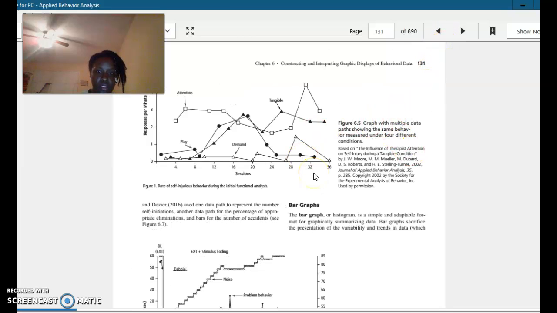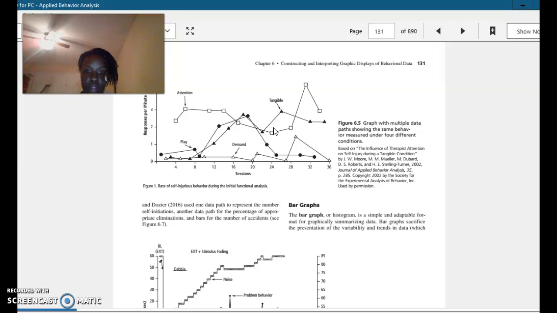Here's a depiction of a line graph. This line graph is good for measuring multiple paths. Basically, they show different conditions but the same behavior.